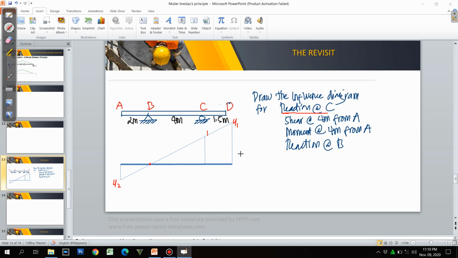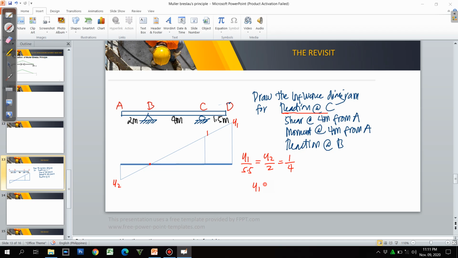So we can say that y1, the base of y1, is 4 plus 1.5, that is actually 5.5, and ratio it by y2 is to 2. We're going to pair that with 1 is to 4.